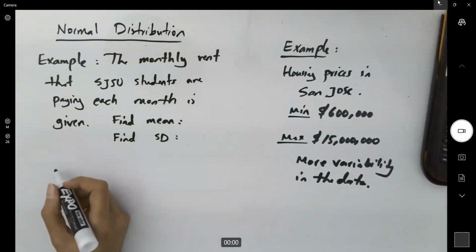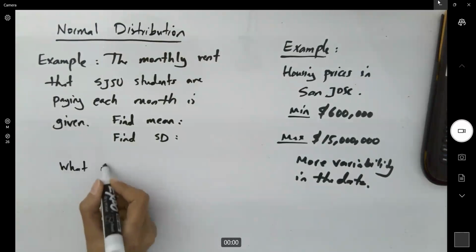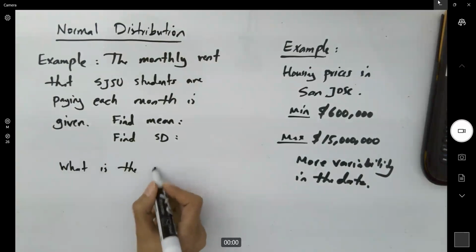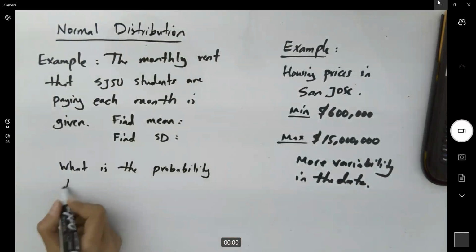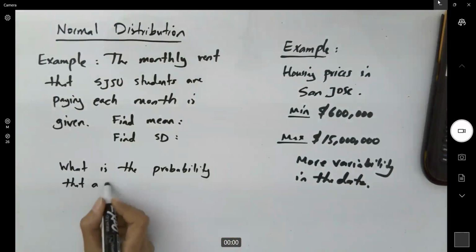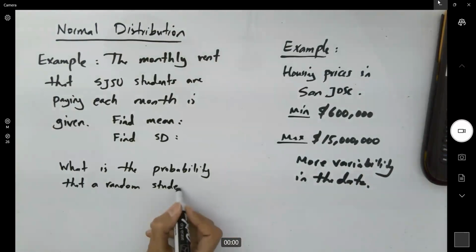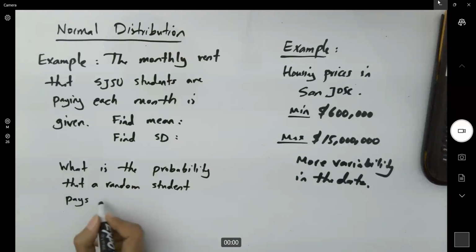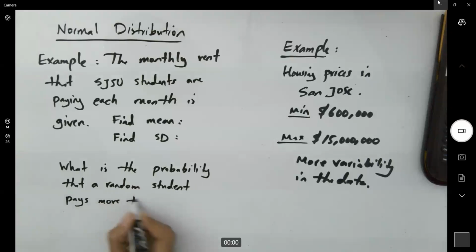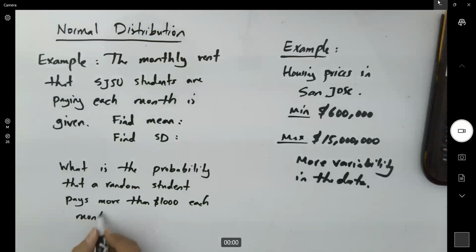Then we're going to answer this question: what is the probability that a random student pays more than $1,000 each month?